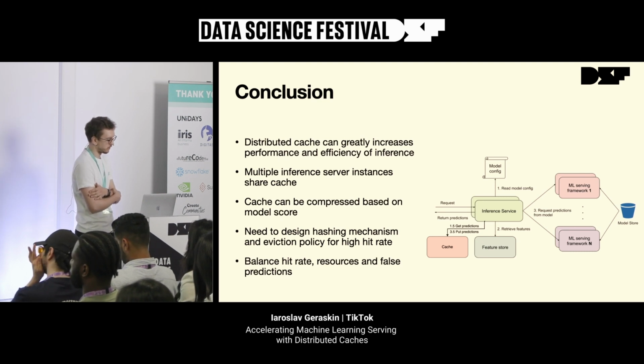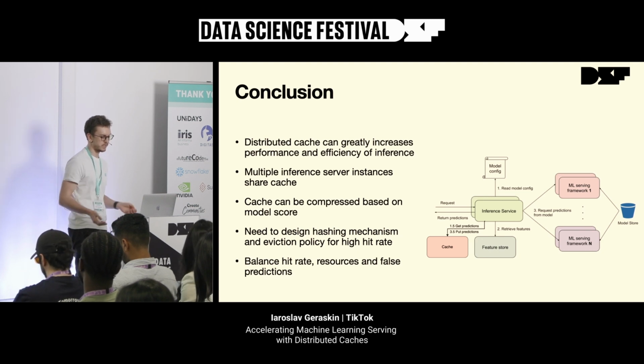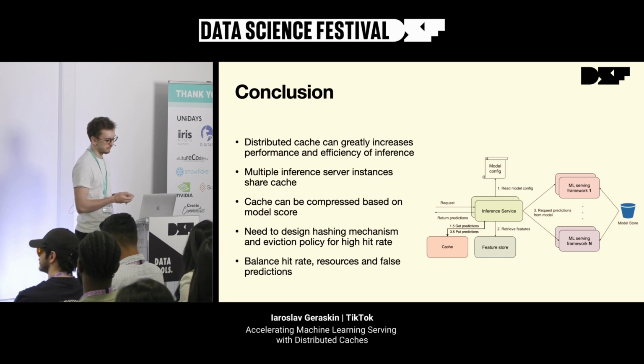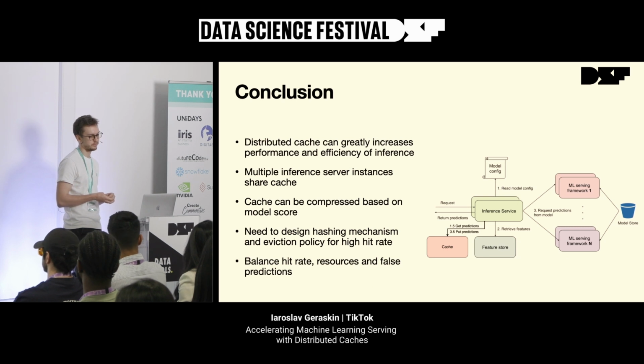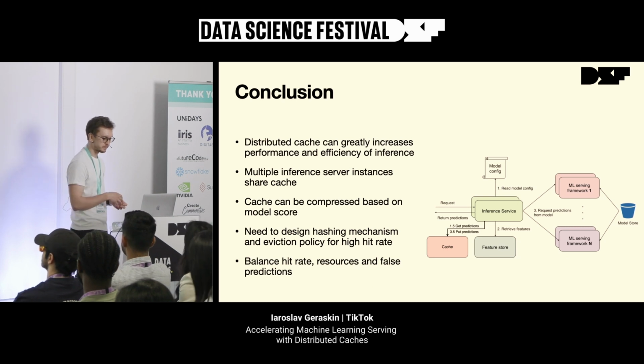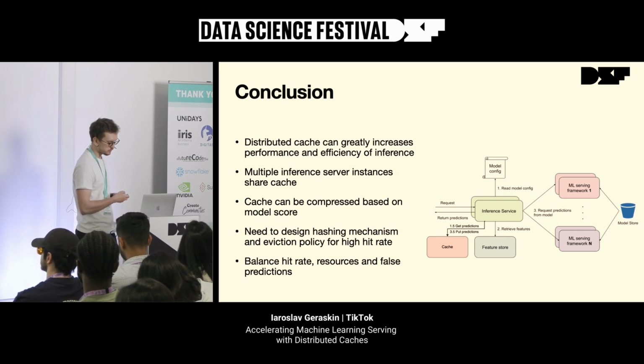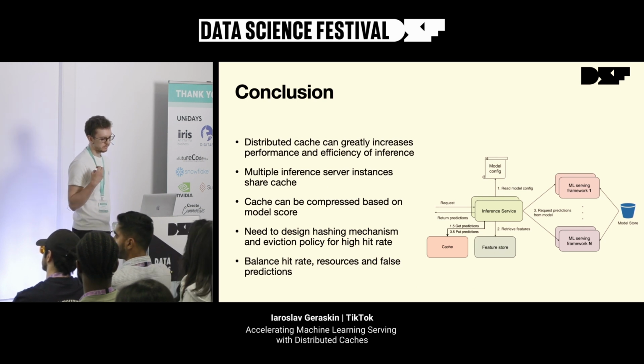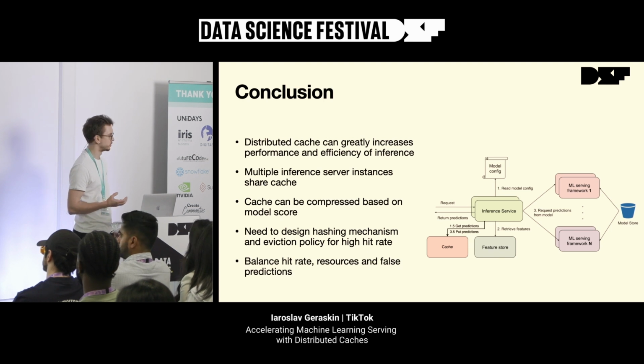We can compress those caches to save resources and use efficient data structures to store the request list and the scores for high-risk events.